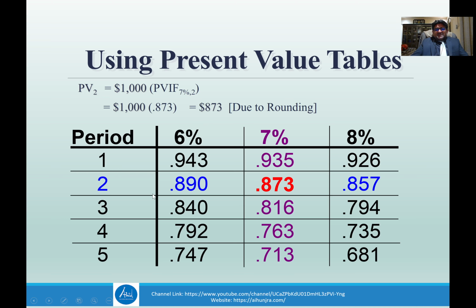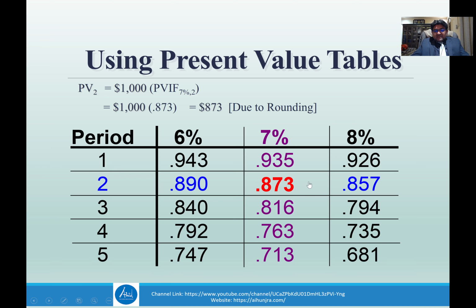As I have explained, the higher the time period or interest rate, the smaller the present value interest factor will be. If the time period is 2 years and interest is 7%, it's 0.873.